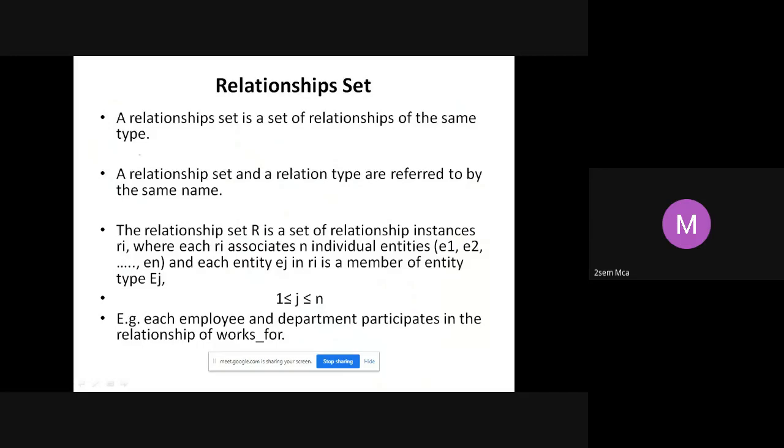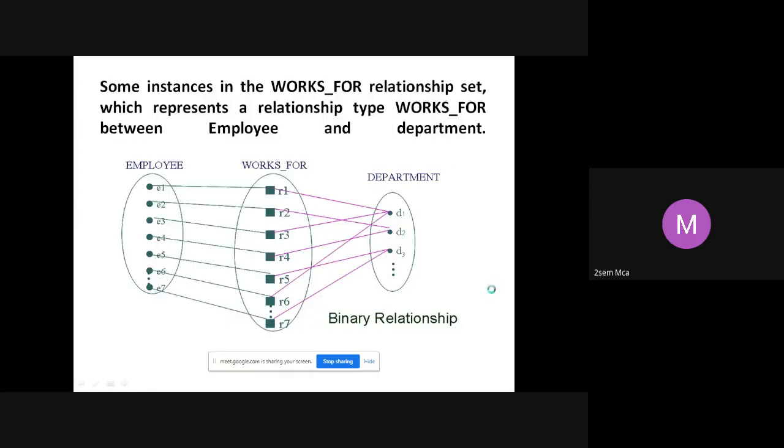Next, I said relationship set. I will show you an example. First I'll show you this and then we'll come back to them. I want to show you what is a relationship type and what is a relationship set. Similar to entity type and entity set, we also have relationship type and relationship set.